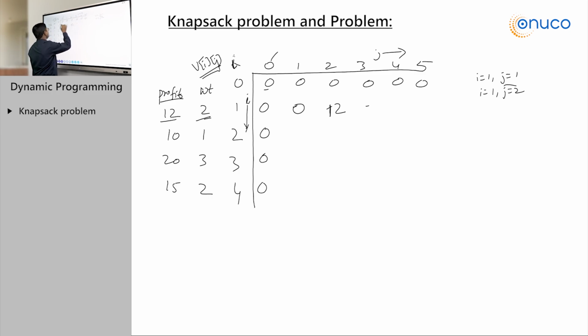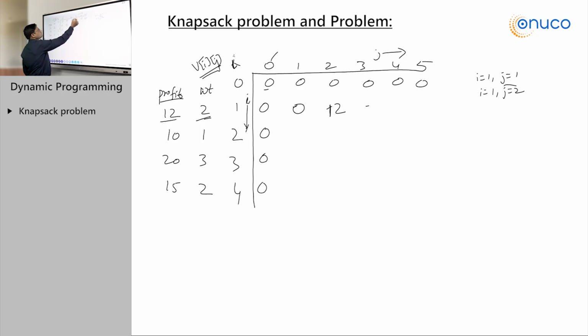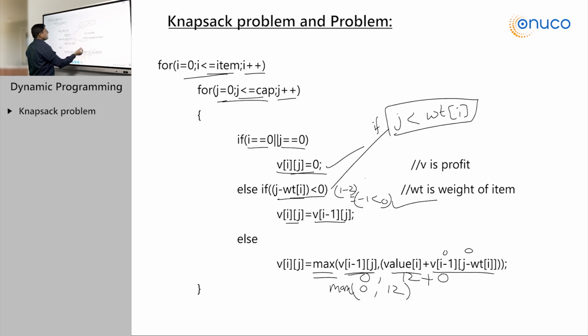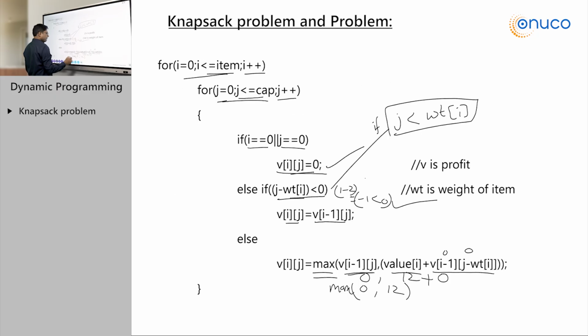Similarly, you will go for this position. What is j? It is 3. Weight is 2. Again, you will go in the else part. Previous row, same column is 0. Then the value of this element, first element, is 12. So we have 12 plus V of i minus 1, previous row, 0th, j minus w, 3 minus 2, which is 1.